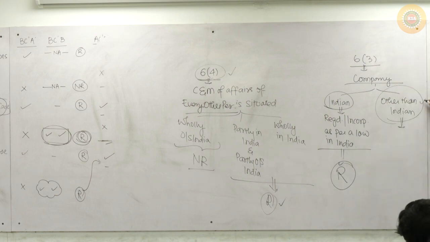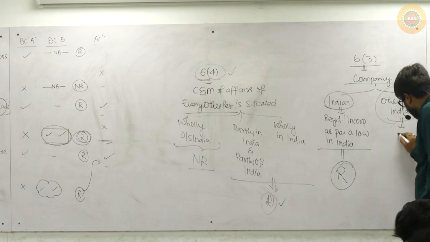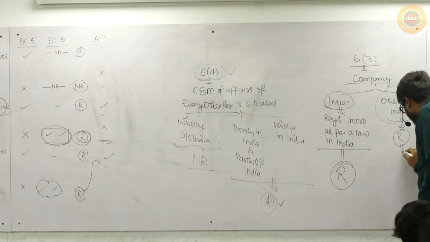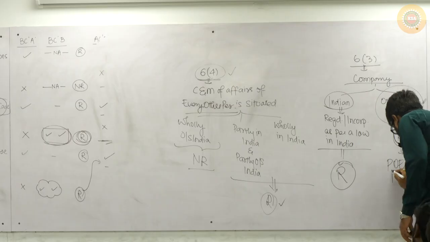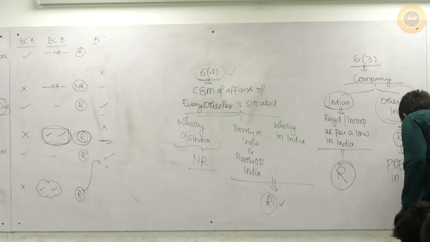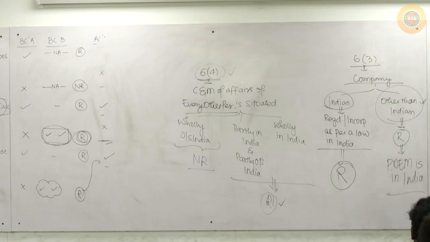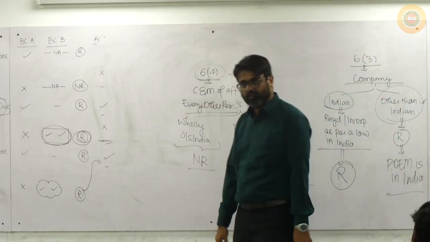This company can also become resident in India if its place of effective management is in India. You have to check POEM. Control and management. Did I use that word?